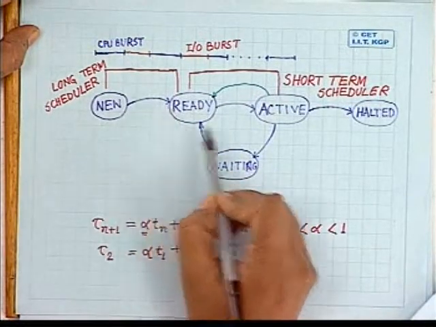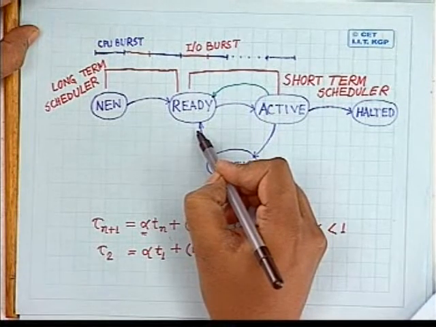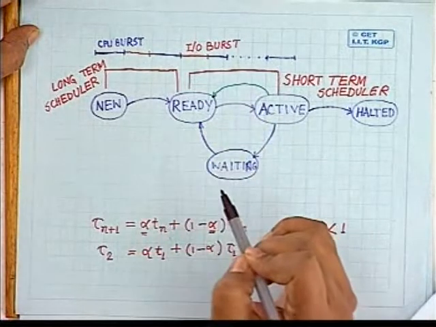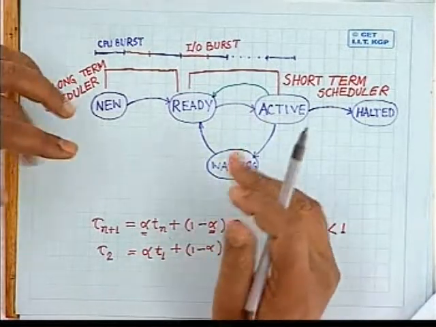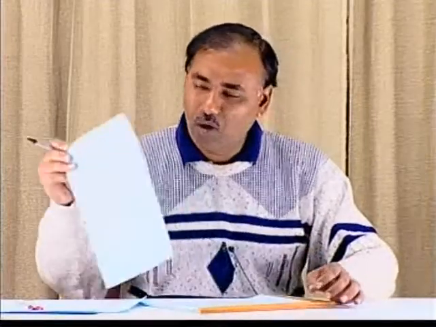One is from the new state, one from the active state, one from the waiting state. So a job may come to ready state from any of these different states. And depending upon the relative order in which they are coming, the relative order in the ready queue will be different. However, for this round robin scheduling, we'll always take up a job for execution from the head of the ready queue.